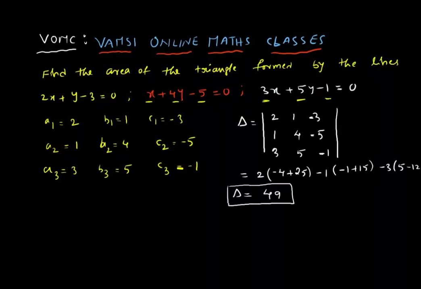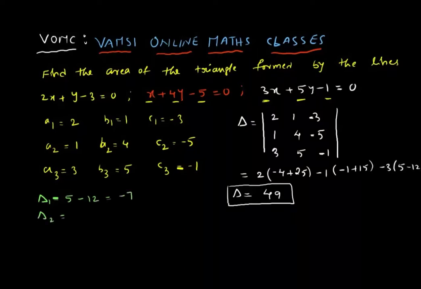Now come to find delta 1. For delta 1, our formula is A2B3 minus A3B2, right? I'm going to apply the formula directly by the cross method. So 1 into 5, 5, 3 4s are 12, that is equal to minus 7.